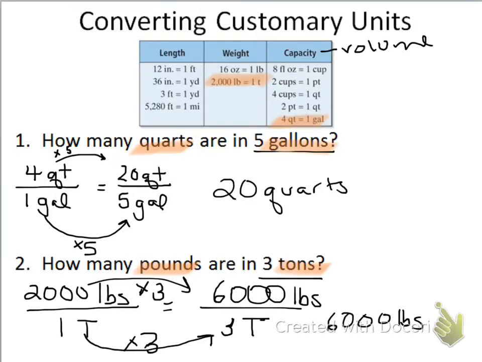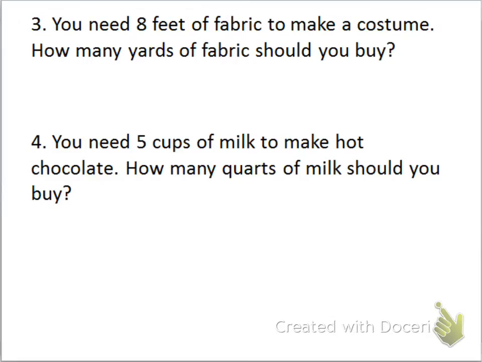Okay, let's look at the second type you're going to be given. It says you need 8 feet of fabric to make a costume. How many yards of fabric should you buy? So my units I'm looking at are feet and yards. If you look on your table, you can see that there are 3 feet in 1 yard. Now in this situation, I'm not talking about 3 feet though, I'm talking about 8 feet.